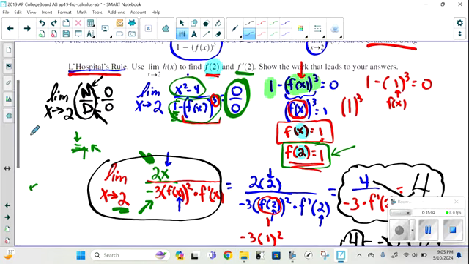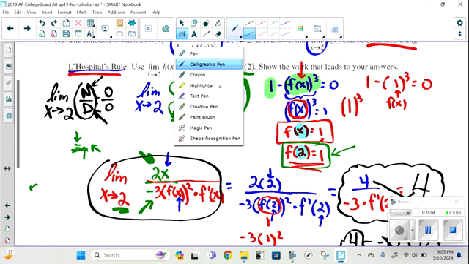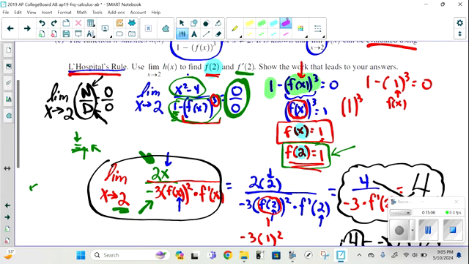Okay? We used L'Hopital's rule. I'm going to go over this again because there's a lot of writing. We use L'Hopital's rule to figure out that if I put a 2 into my limit, it should be 0 over 0, which means this denominator should equal 0. And when we did that, we came up with f of 2 is 1. It has to be 1.